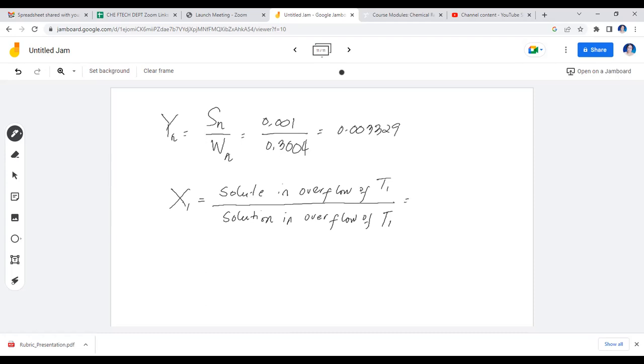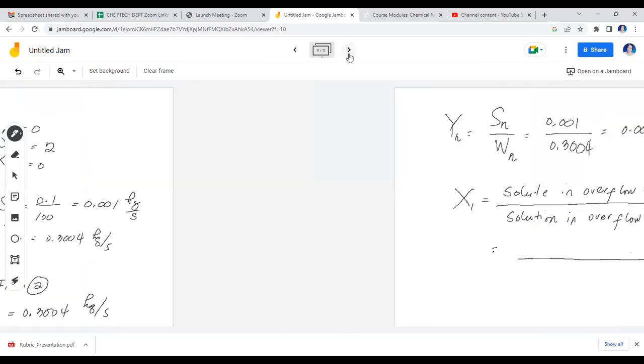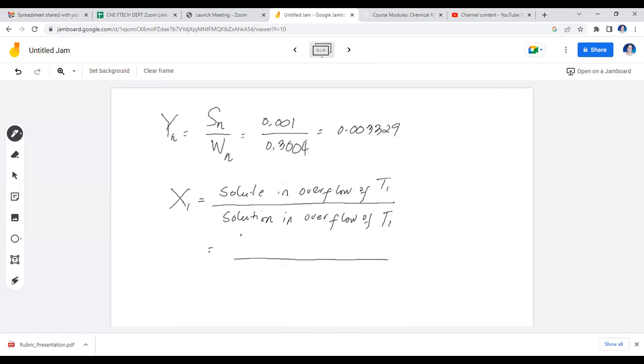Now, if we do a material balance for this, the solute in the overflow of thickener 1 is equal to, based on our representations, still here on our overall material balance, your L sub n plus 1 solute in the wash liquor plus solute in the feed minus solute in the last thickener.